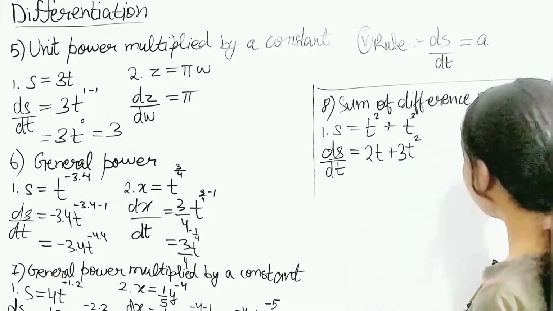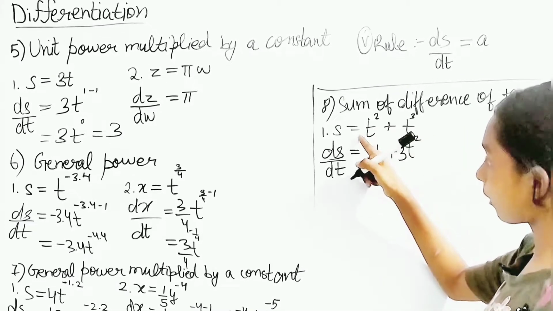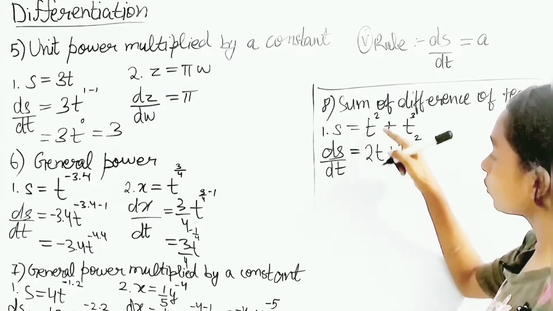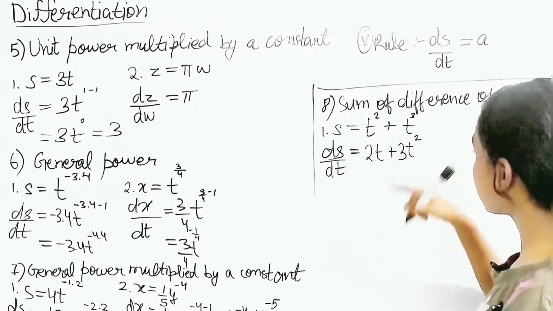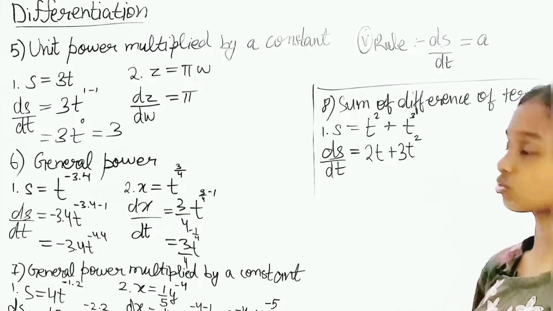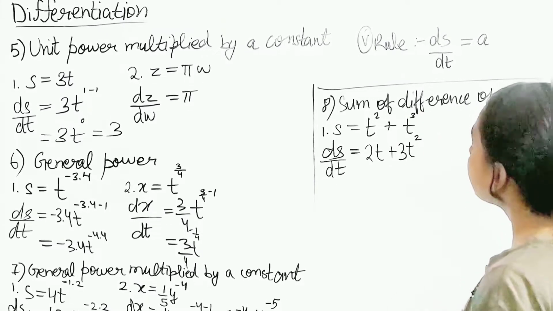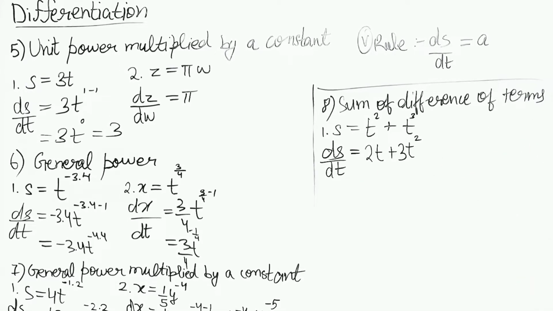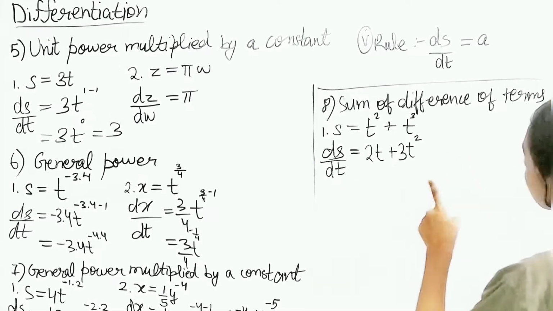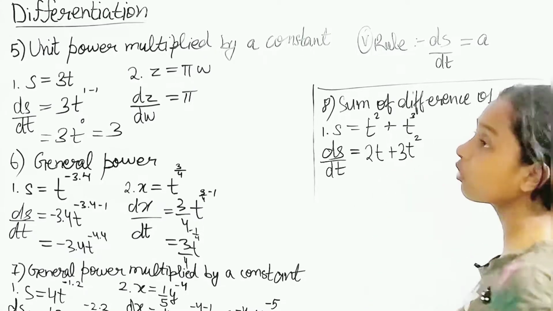This 2 will come out here, and 2 minus 1 will be 1. So we have it as t to the power 1. And 3 will come out here, 3 minus 1 is going to be 2. So 3t squared. Yes, we're done with it. ds by dt is equal to 2t plus 3t squared.